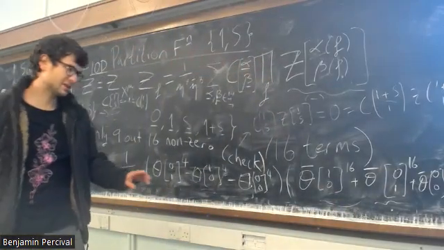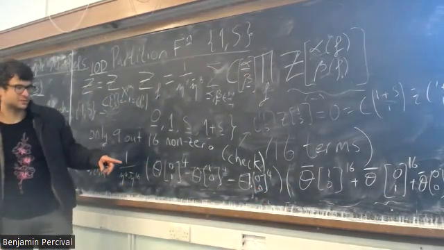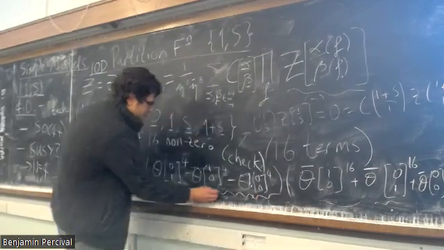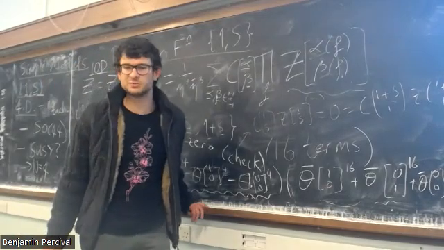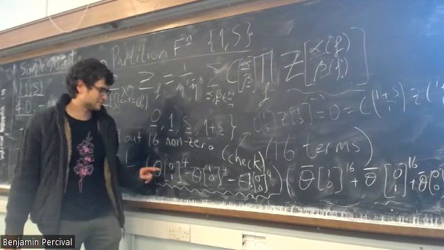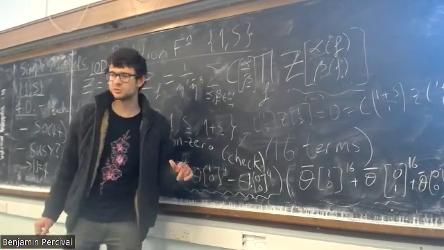But the gauge part's not so important because this is the conclusion I wanted to come to. This part here for the sine mu, you've got these three theta functions all to the power of 4.